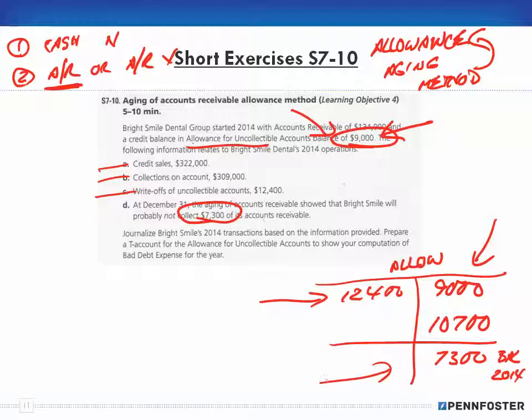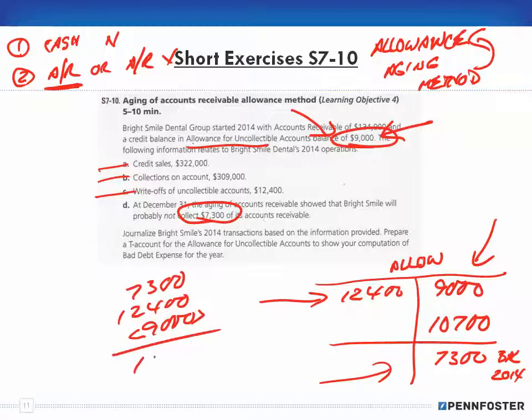How do I know how much that's going to be? Again, that's taking the 7,300, adding in the 12,400, then subtracting out the 9,000, and you end up with $10,700 as the amount you're going to make for the adjusting entry in order to make sure that your allowance account is correct.